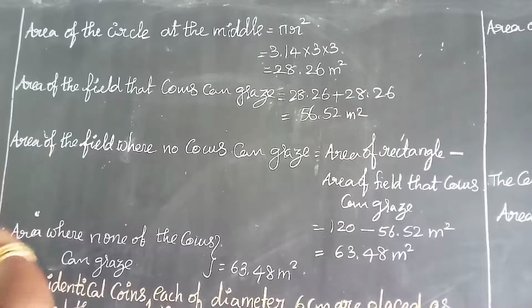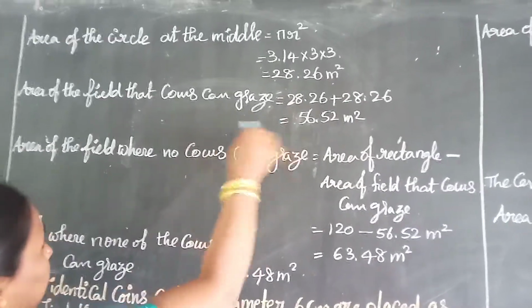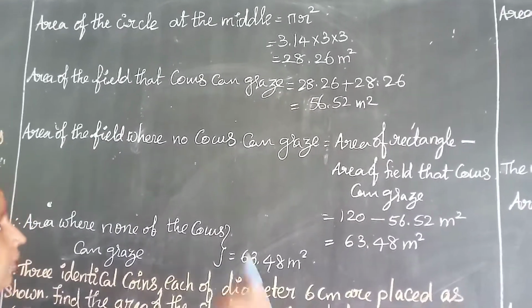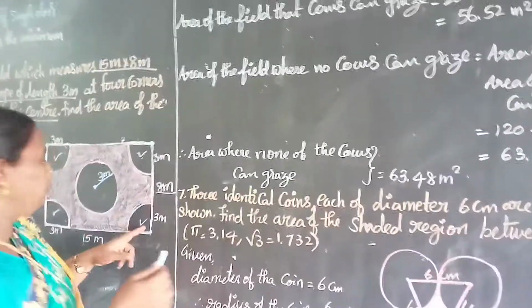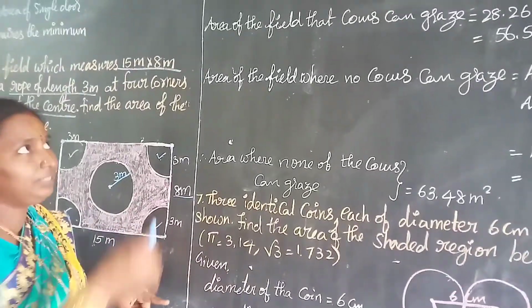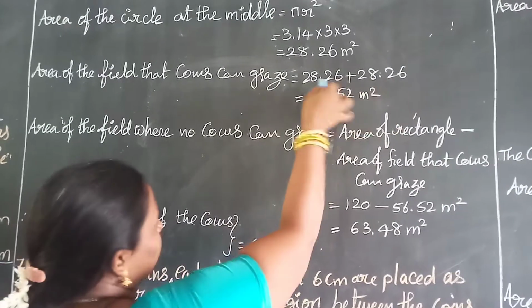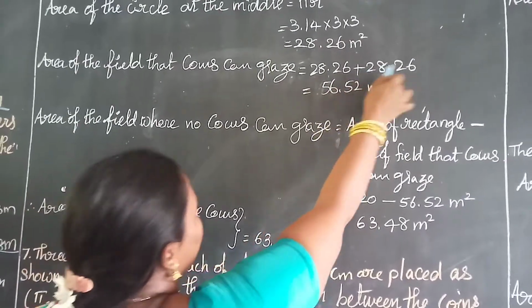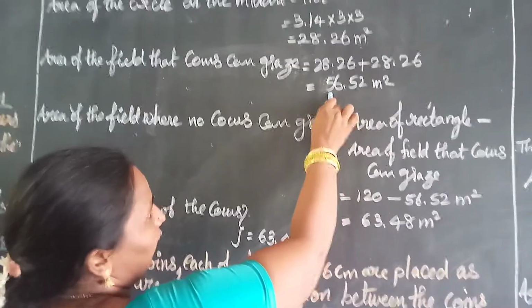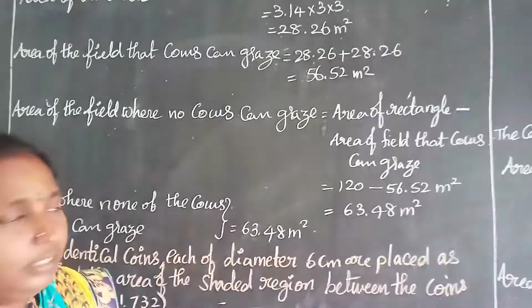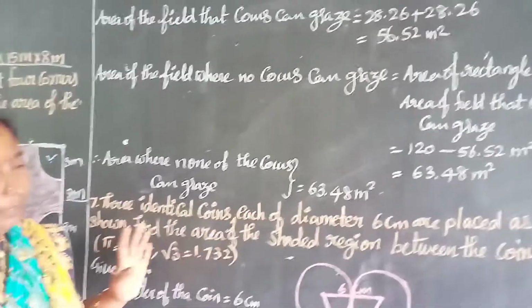So the area of the field that cows can graze: first find how much area the cows can graze. Here it is the area of 4 circular quadrants plus the area of the circle at the middle. Both we got the same answer, 28.26 plus 28.26. Add these two, you will get 56.52 meter square. So what did they ask to find?